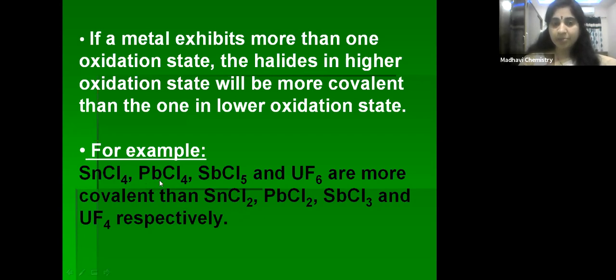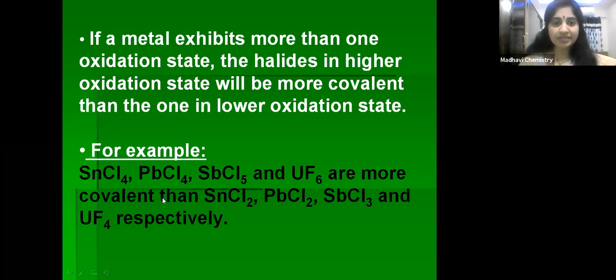If you compare PbCl4 and PbCl2, PbCl4 will have more covalent nature, because in PbCl4 +4 is the oxidation state of the metal. Because of the higher oxidation state, the polarizing capacity of the metal increases. Similarly, SbCl5 has more polarizing capacity of Sb, because it is in the +5 oxidation state, so SbCl5 is more covalent than SbCl3.